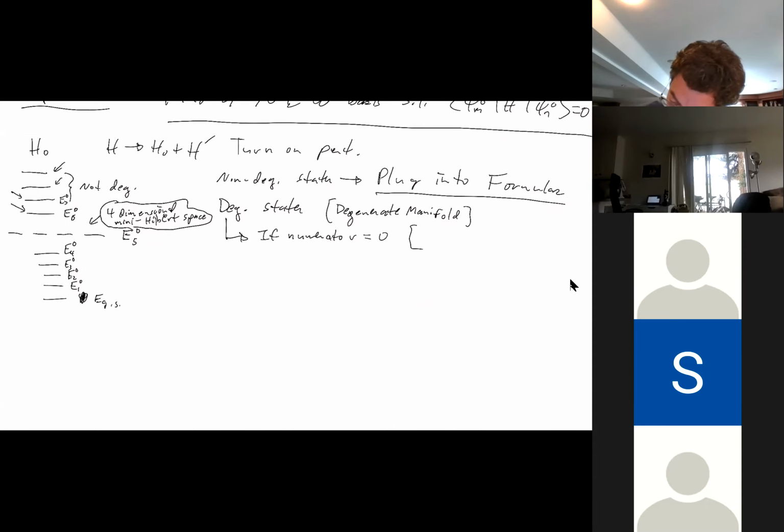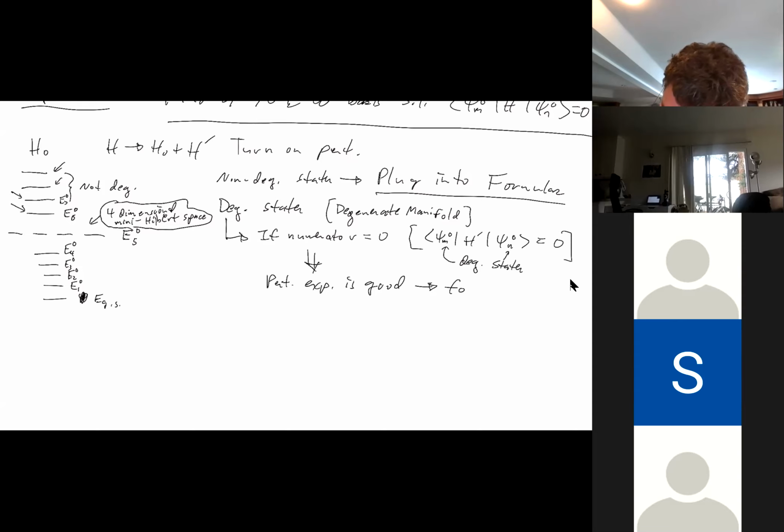In other words, if psi m naught, h prime, psi n naught equals 0 for the degenerate states, then the perturbation expansion is good. Oh my God. The formulas work. Yay. And you're happy because life is sweet, life is simple. You don't have to do anything more. You just plug into the formula and it works.